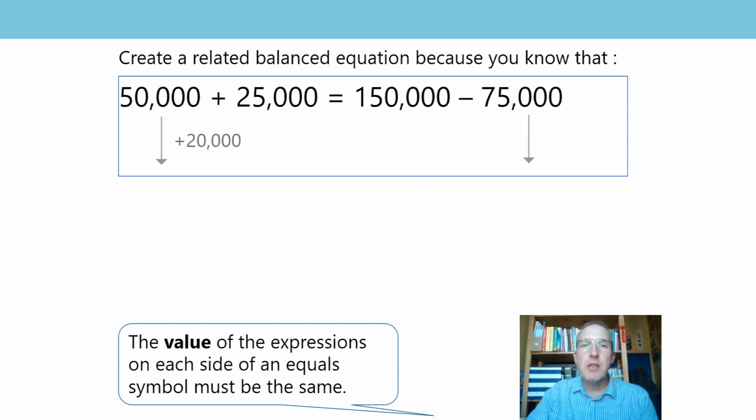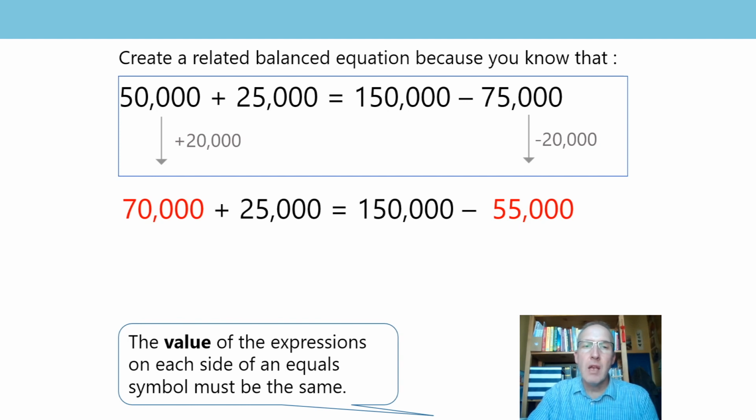Or we could decrease the subtrahend by 20,000. So 70,000 plus 25,000 is equal to 150,000 minus 55,000. Both ways, both sides of the equation are equal to 95,000.